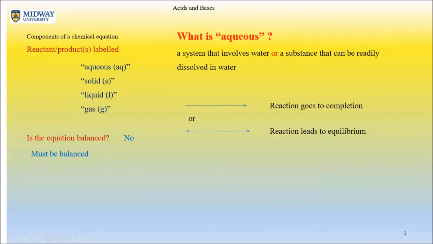A double-headed arrow indicates a reaction leads to equilibrium, meaning the reaction is 50-50 or 60-40, but it's never going to completion. You will make some products, but the products in turn start to go back to reactants, and the reactants go back to products.